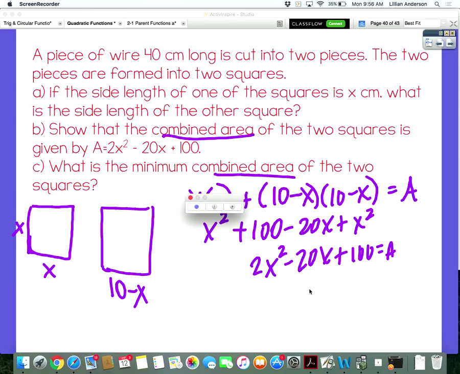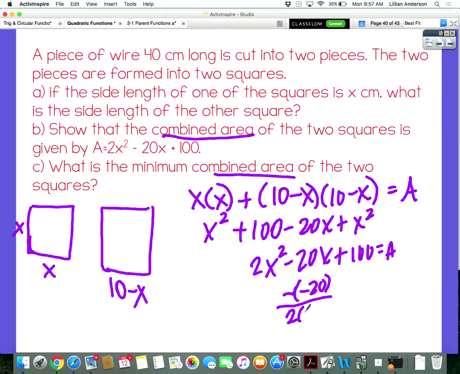Well, if it's not 50, what did you guys get? You got 50? Yes, sir. I'm about to say, get a show. When you do negative b over 2a, what number would that be? It would be 5.